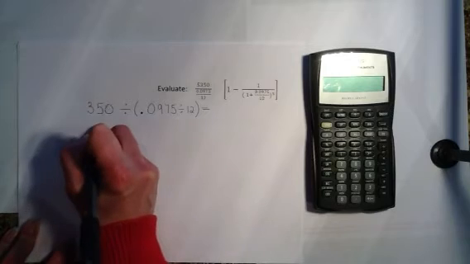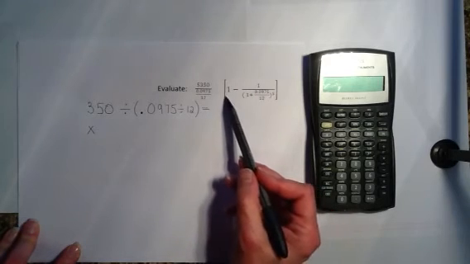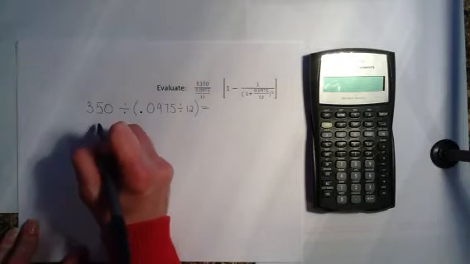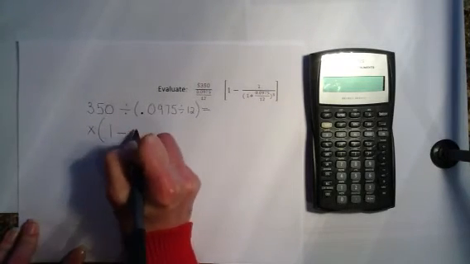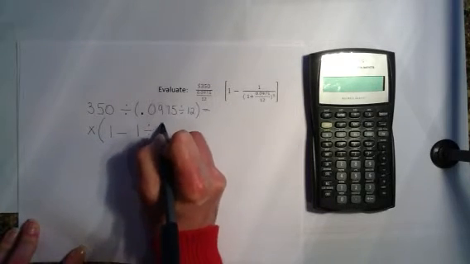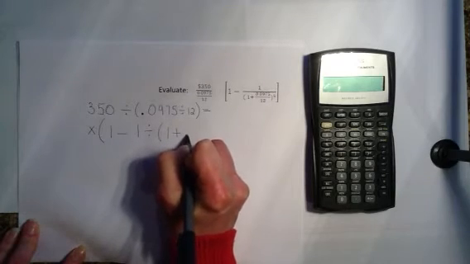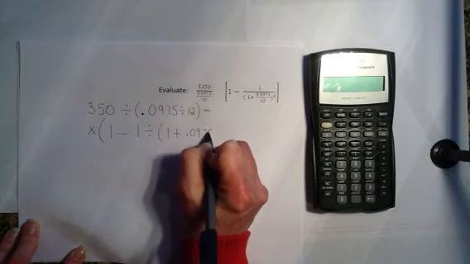So the next thing I'd encourage you to write before you plug anything into your calculator are the keystrokes that you would type in order to get this bracket simplified. So what would that be? We're going to multiply it by 1 minus 1 divided by the entire bracket below, which is 1 plus 0.0975.